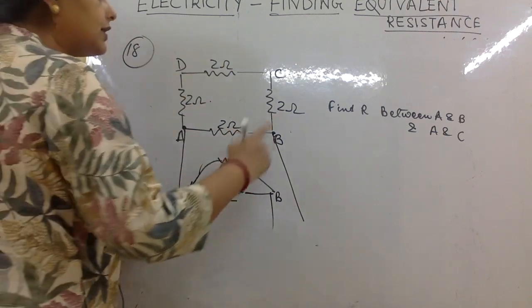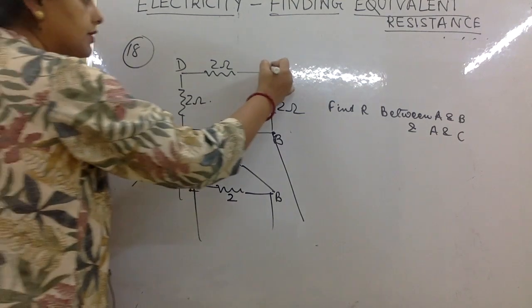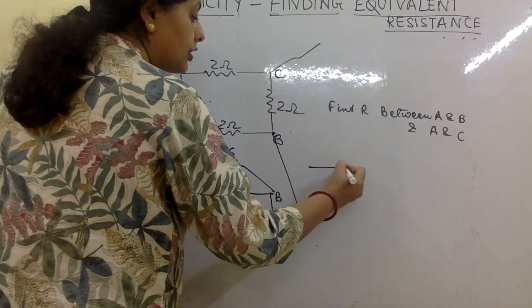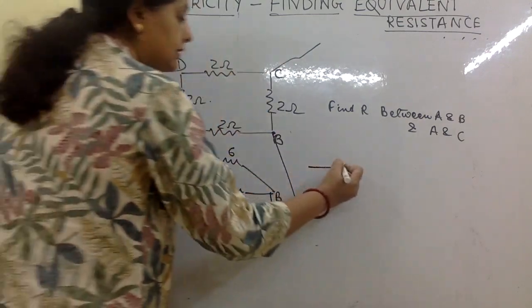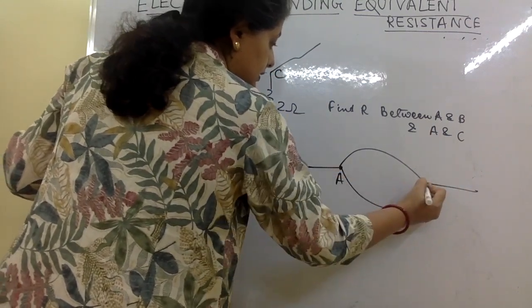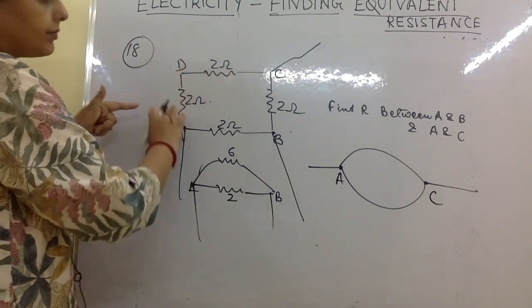And if we say between A and C, that means the circuit is from here and from here. The circuit becomes somewhat like this. This is A, this is C, and here these two become series.